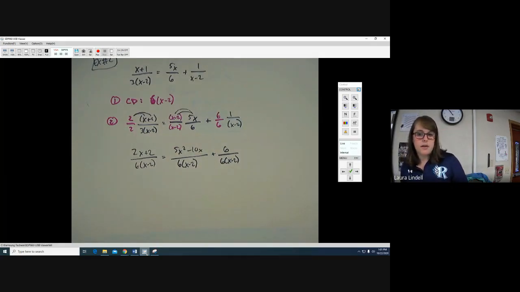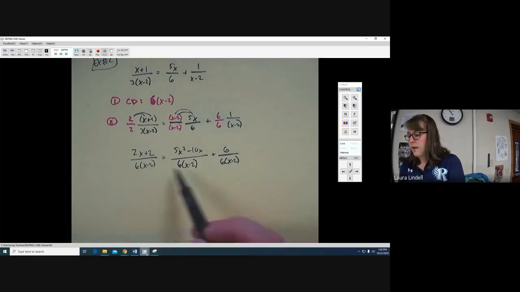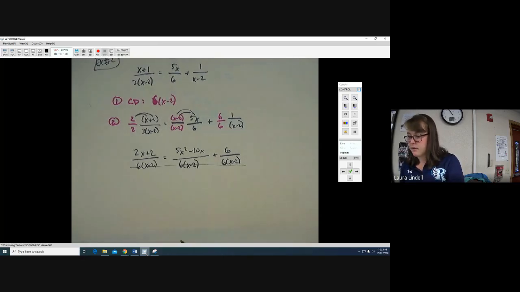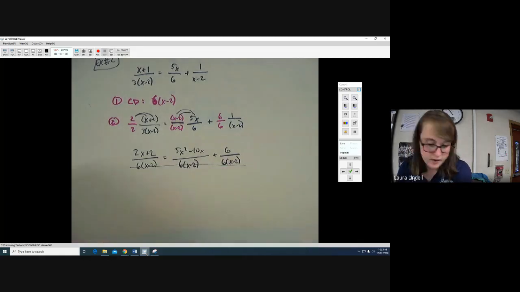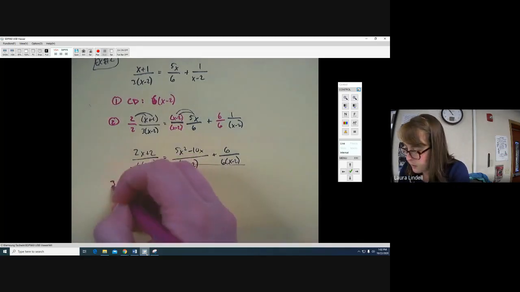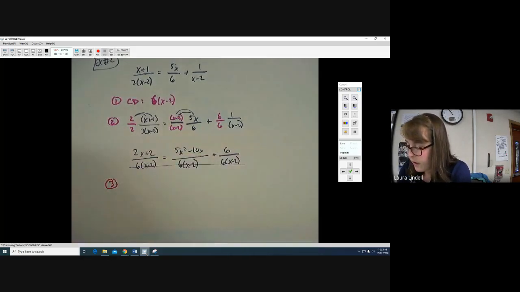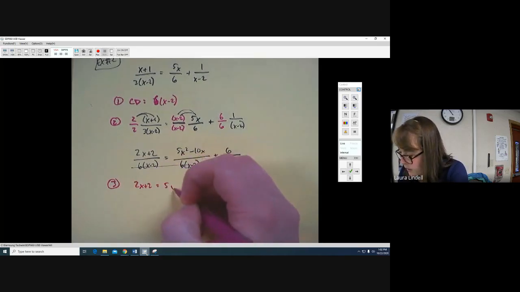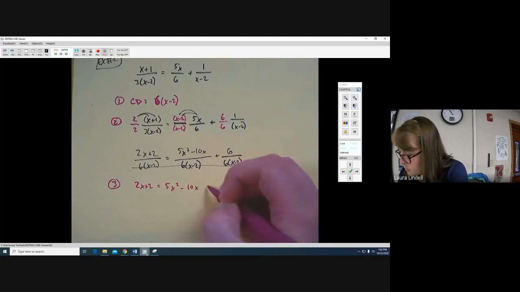Okay. So now we have our common denominator. All of our denominators should be 6 times x minus 2. So now we can get rid of those. And in step 3, we can deal with the whole 2x plus 2 equals 5x squared minus 10x plus 6.